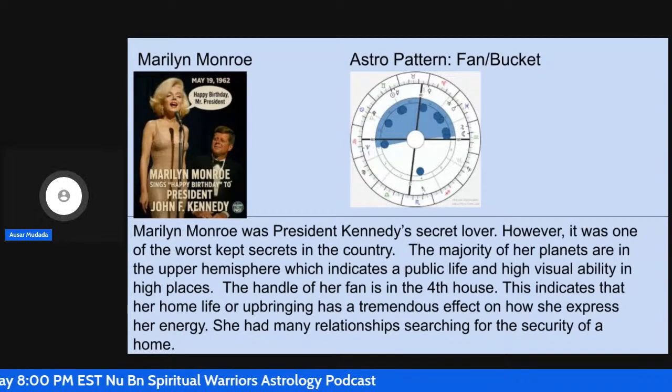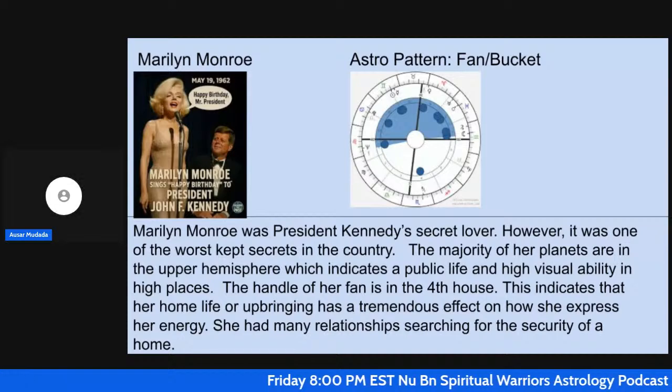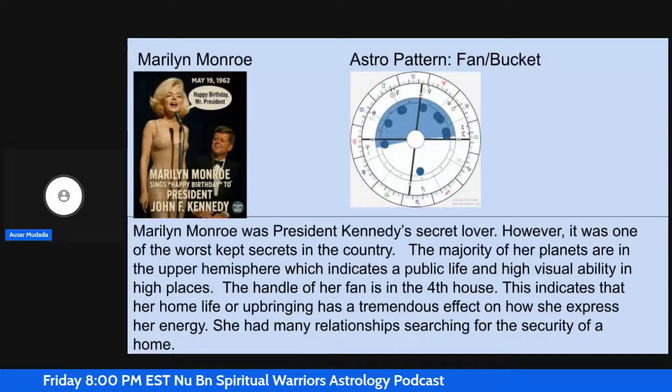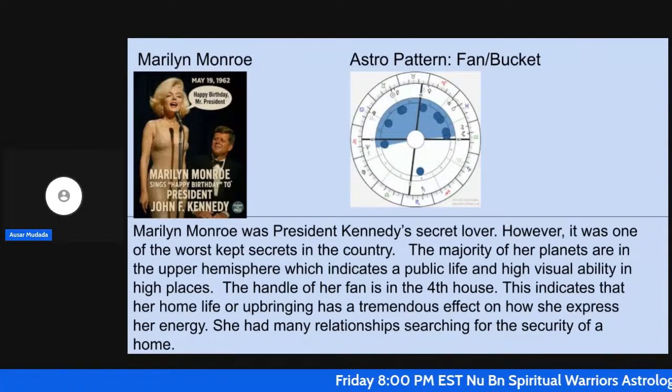Now the same holds true for the mystery chart. You'll see that in just a minute. So there are some similarities between the mystery chart's astral pattern and Marilyn Monroe's astral pattern.